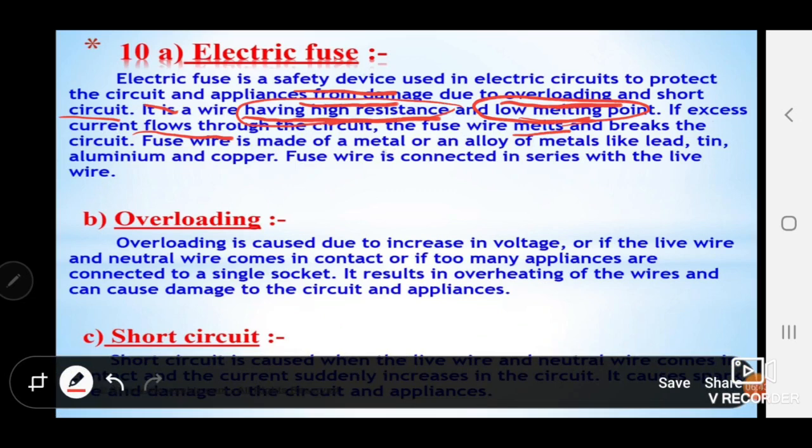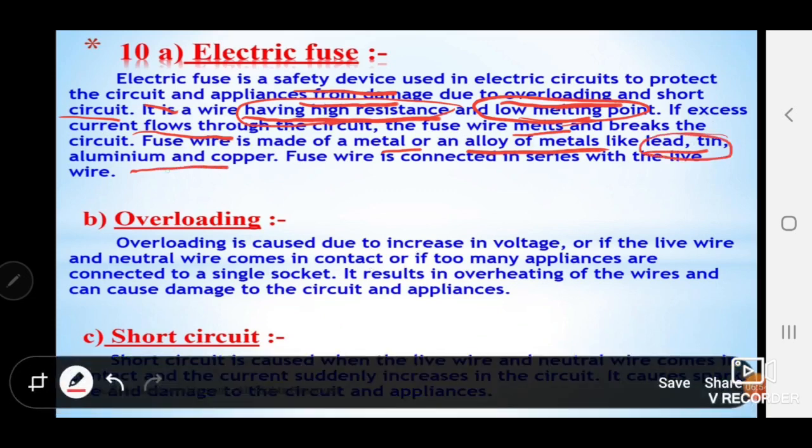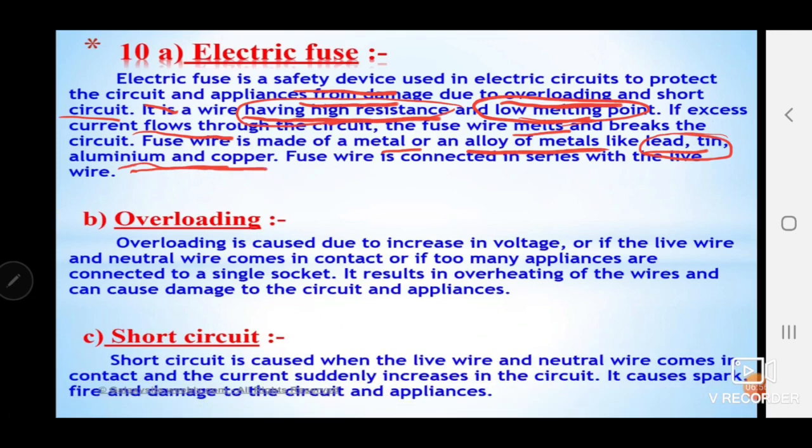Then fuse is made of a metal or an alloy of metals like lead and tin or aluminum and copper. So, most of the time fuse is made of lead and tin, or sometimes it can be made of aluminum and copper. So, this is very important.